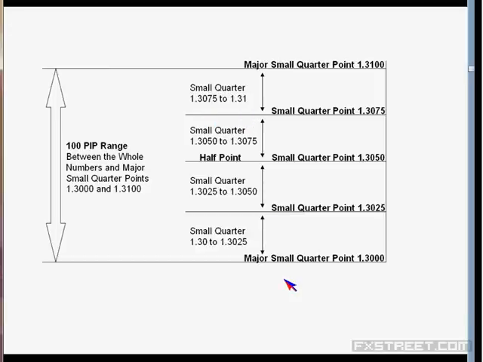The small quarter points are $1.30, $1.3025, $1.3050, which is also the half point of that 100 pip range, $1.3075 and $1.31. So this is the example of a 100 pip range, which also gives you the small quarters.